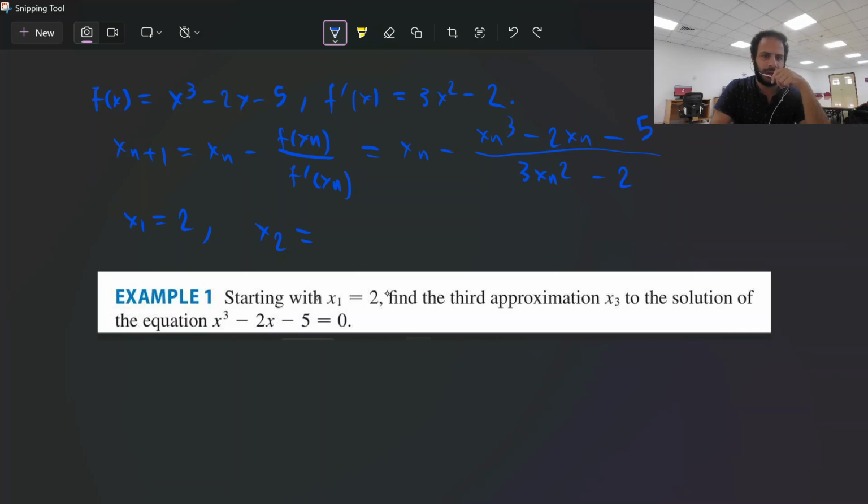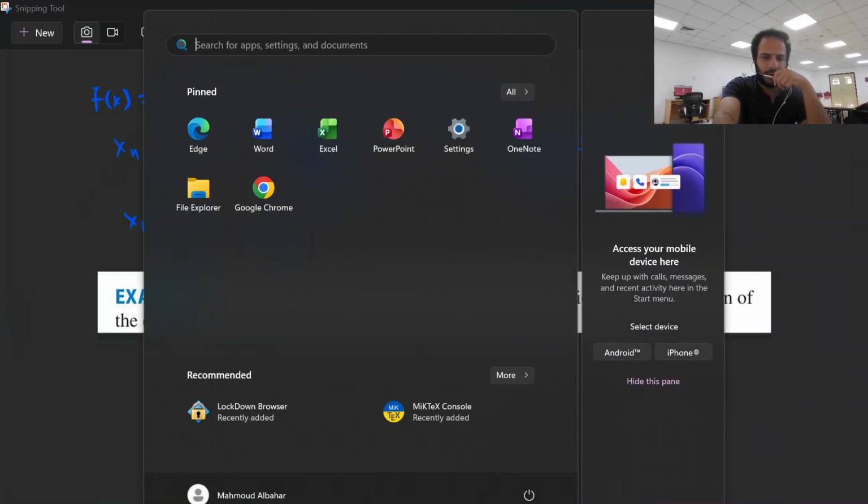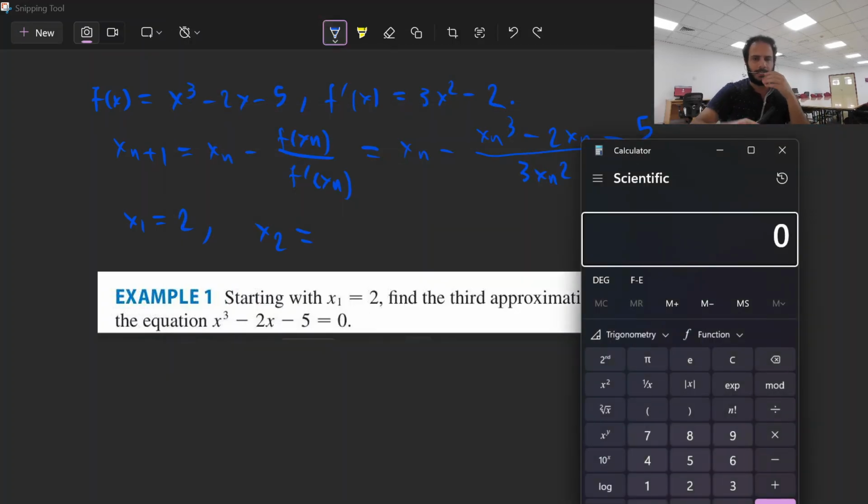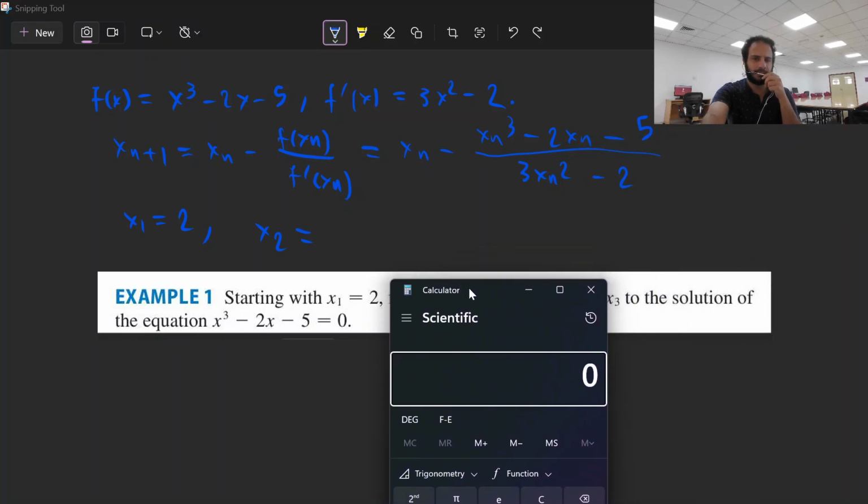So x2 equals what? Let's see. We will use calculator now. First you substitute x1 equals 2 in the formula. So you start 2 minus, you open parentheses for the numerator, okay?